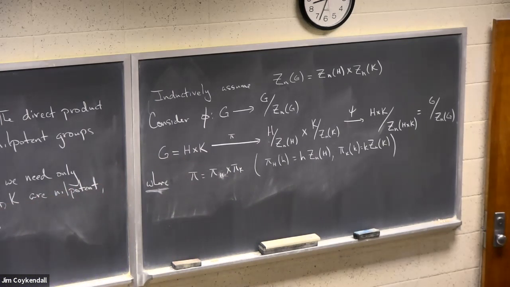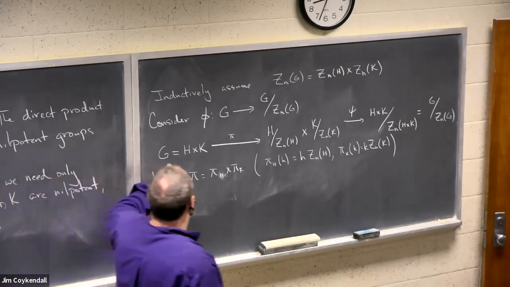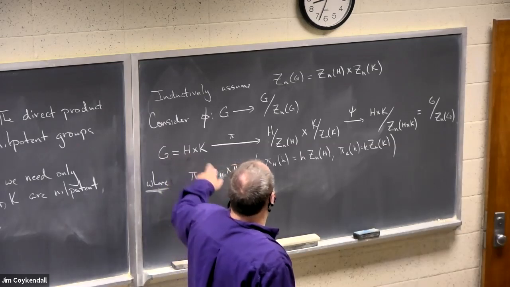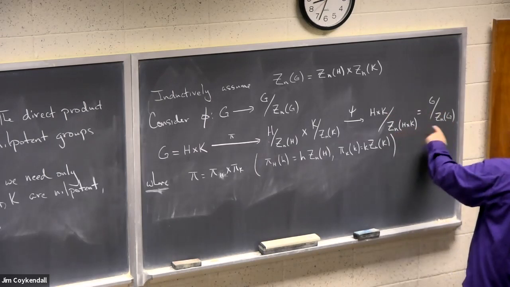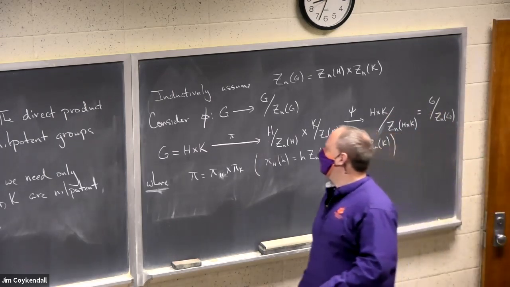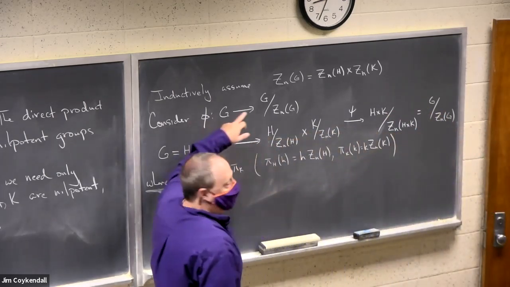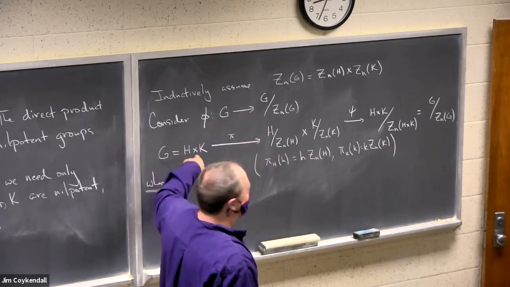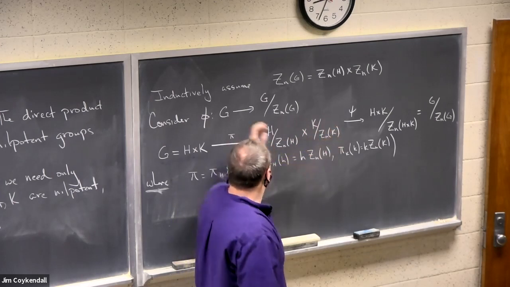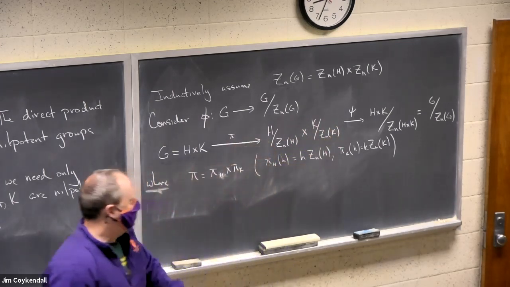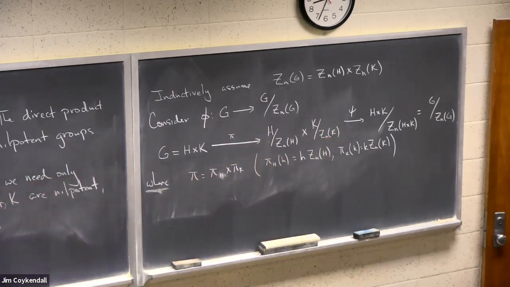And I am going to define phi. So this is an equality here, this is the way it's defined. This last one is an equality and this is by induction. And phi is this total composition, starting from here, remembering everything's H cross K, applying both pi and the pitchfork, and then identifying. So we'll call that phi.